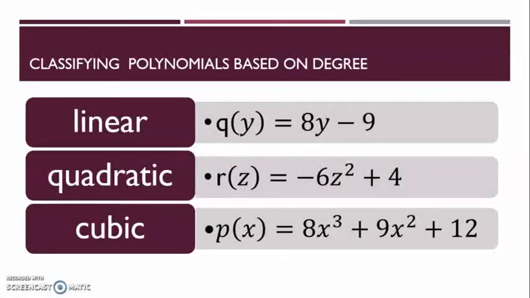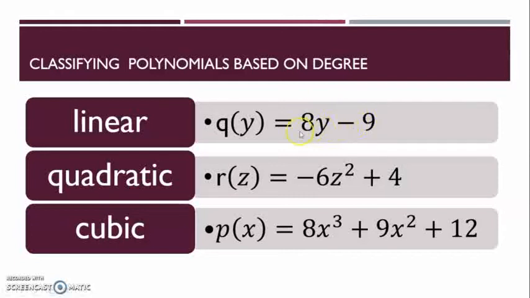Okay, so now that we have seen what is the degree of a polynomial, now let us see how polynomials are classified based on their degree. If the degree of a polynomial is 1, here the highest power of the variable is 1.